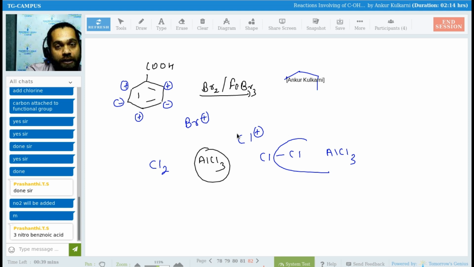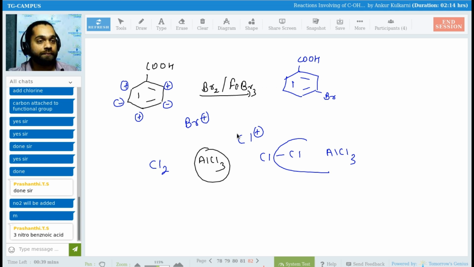And just now we discussed positive, positive, negative, negative. So what will be the product? Yes, your bromine will go to meta. So what will be the IUPAC name of this? 3-bromobenzoic acid. Come on, write this down.